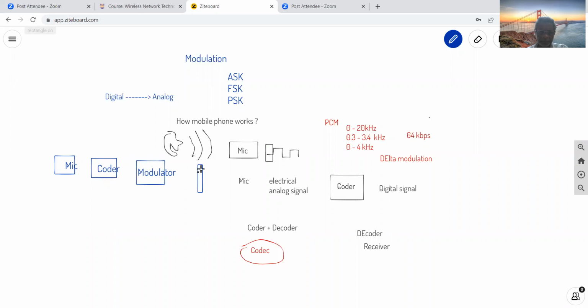A normal antenna is the Yagi antenna, which we use for TV reception. The length of this Yagi antenna is normally half the wavelength.